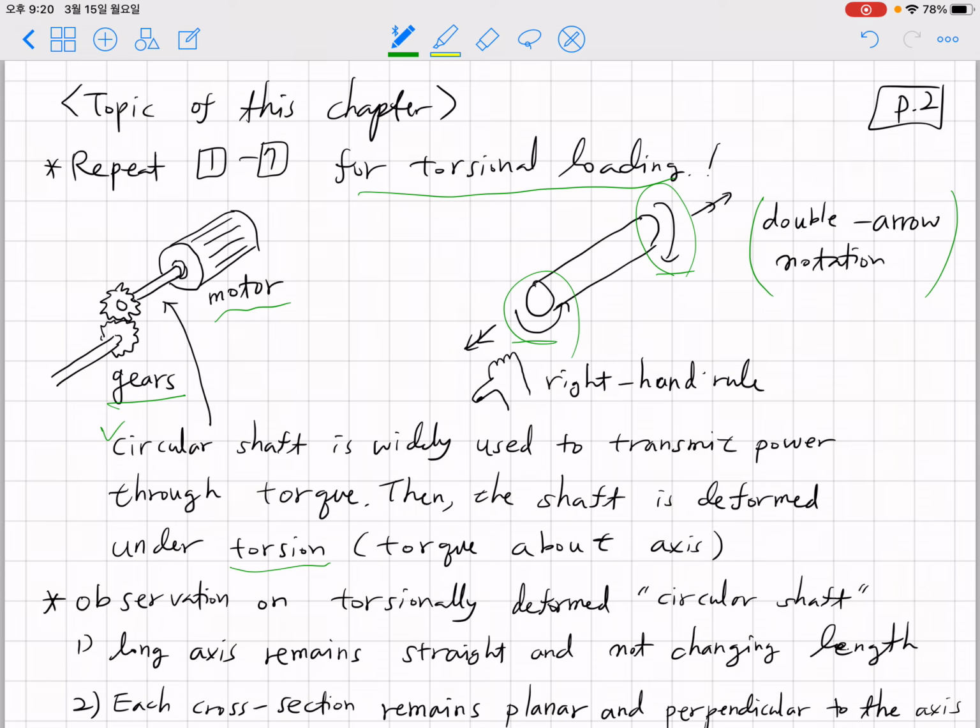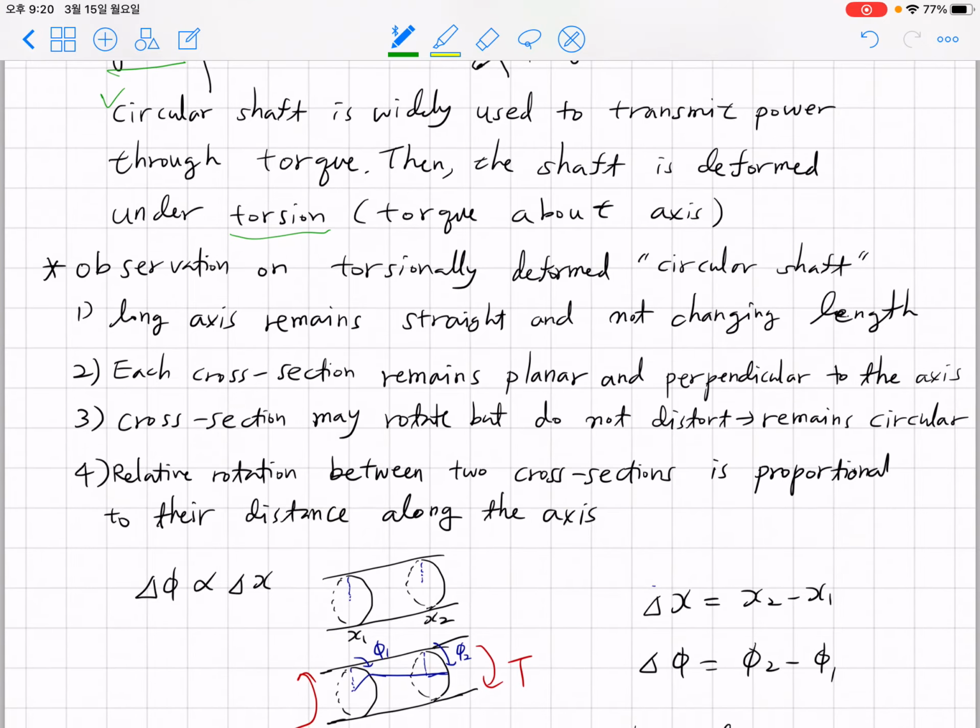Whether you use double arrow or curved arrow notation completely depends on you. I'm going to tell the TA that even though students sometimes use double arrow notation, you can grade it equally with curved arrow notation if the answer is right. Depending on your convenience, choose whatever notation you want.